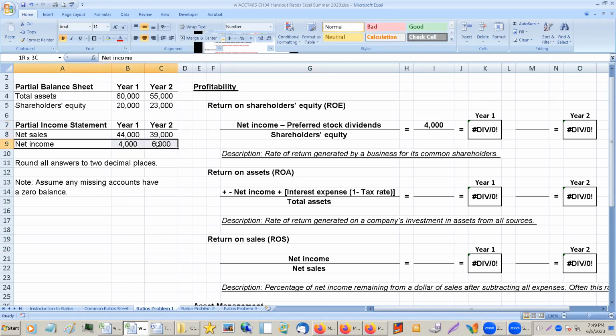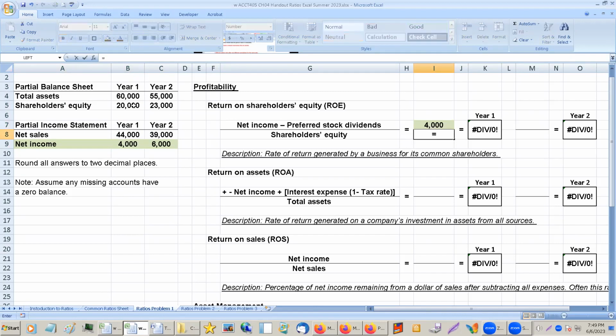Maybe we can color coordinate these. Let's make income green. Okay, so net income is green. Shareholders' equity for year 1, 20,000, and we need a color for shareholders' equity.